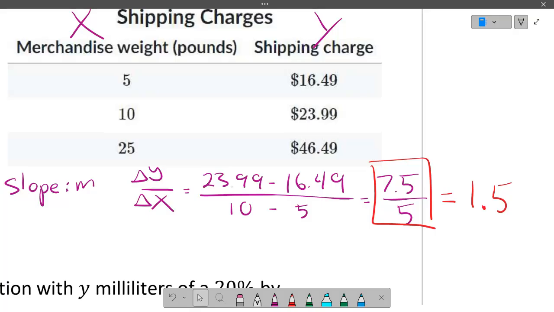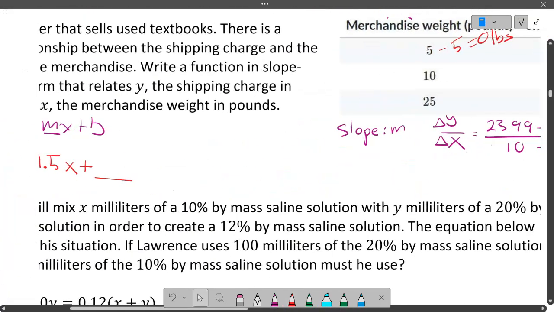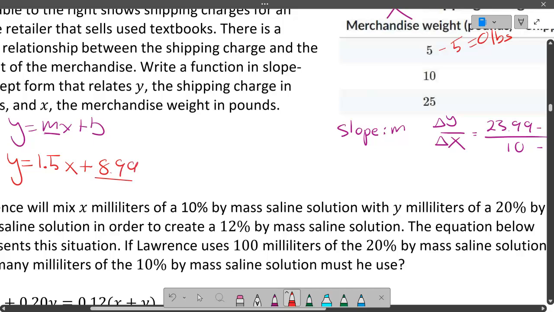Because if I subtract 5 pounds from 5, I get 0 pounds. And if I subtract the 750 from the 1649, I get $8.99, the initial cost. Okay, that gives us the initial cost of $8.99. Now we can fill in for our model.